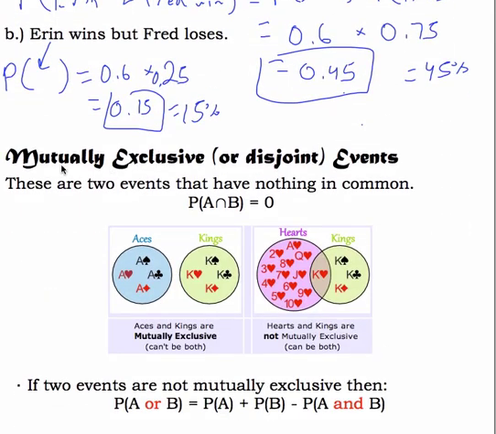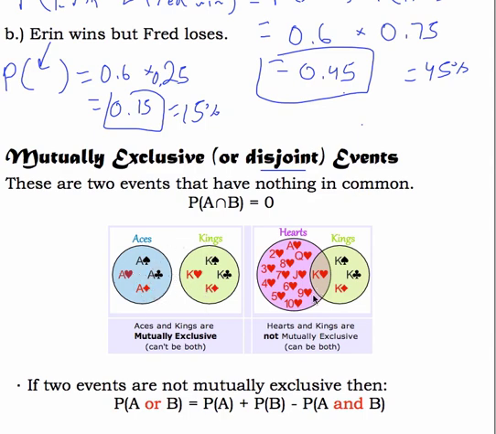Now, if we have mutually exclusive, or disjoint sometimes it's called, events, those are events that have nothing in common. So here's a mutually exclusive thing here. I've talked about playing cards. You can't get a card that's an ace and a king, right?